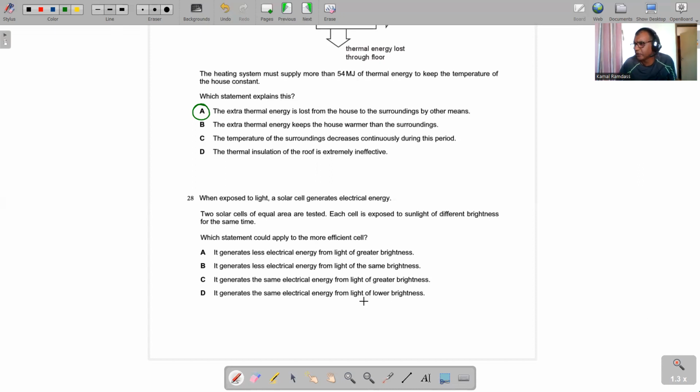Which statement could apply to the more efficient cell? It generates less electricity from light of greater brightness. No, that's very inefficient, sir. It generates less electricity from light of the same brightness. No, inefficient. It generates the same electrical energy from light of greater brightness. No. It generates the same electrical energy from light of lower brightness. Yes, ça c'est a more efficient cell.